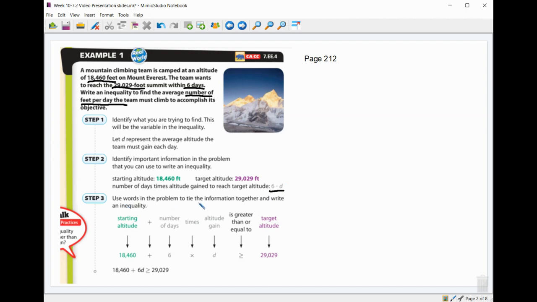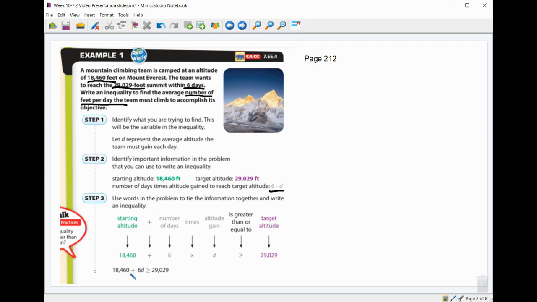Use words in the problem to tie the information together and write an inequality. And that's my step 3. Use the words in the problem and everything I just jotted down to tie them together and write the inequality.